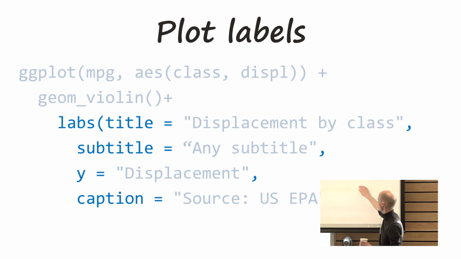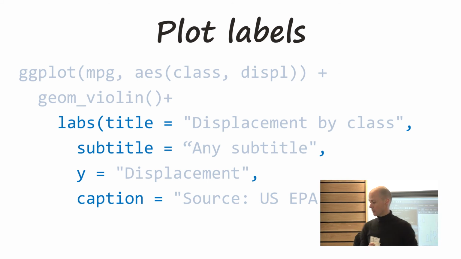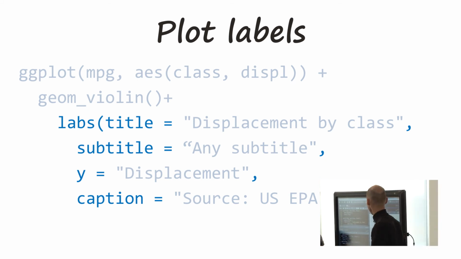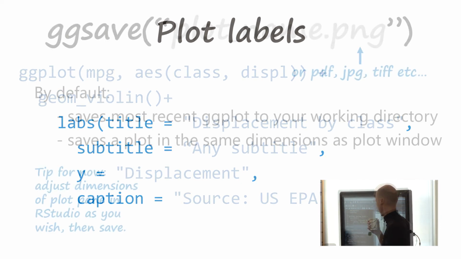You don't need to refer to all of them, but I'm just demonstrating that you can set the title, the subtitle, which will go just below the title, change the name of how the variable appears on the y-axis, for example, and you can give it a caption, which by default will appear on the bottom right of the graph.